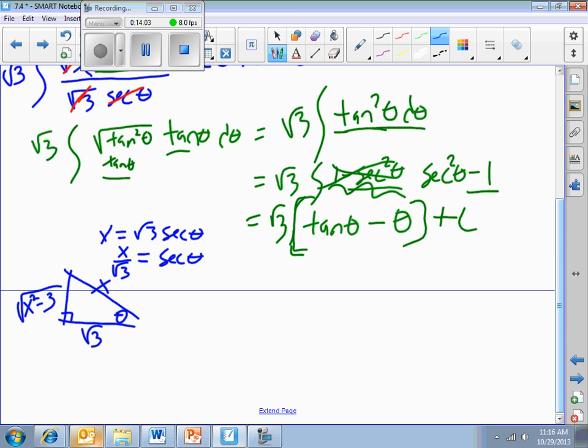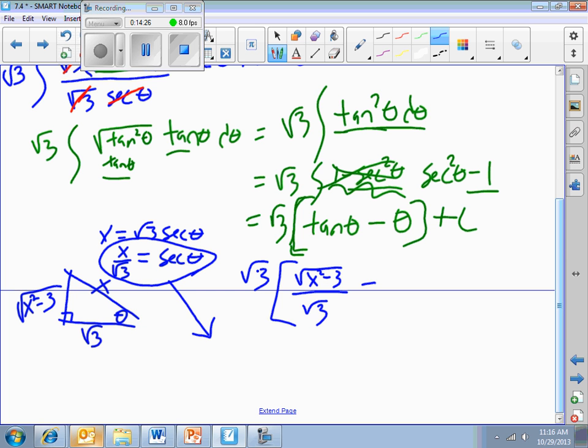All right, so substitute it in. We have radical 3 times tangent theta, which is opposite over adjacent, so opposite is the square root of x squared minus 3 over square root of 3, minus theta. Well, we don't have a good one for theta, but I'm going to go from here to solve for theta.